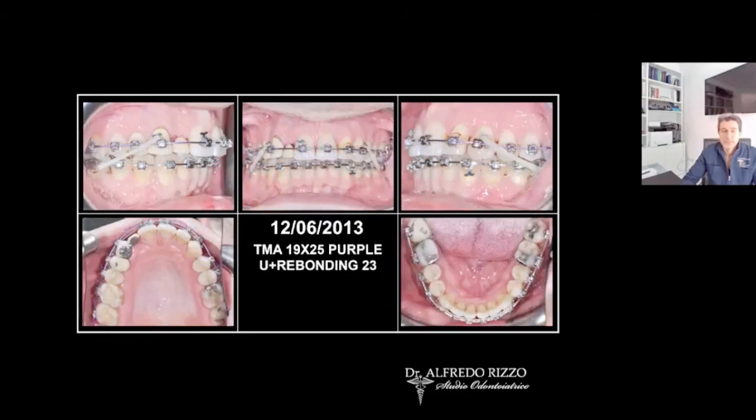I've also done a small stripping in the lower jaw. In June 2013, we switched to TMA 19/25 purple wire in order to finalize the bite correction. We have rebonded the bracket in order to improve the position of this canine.